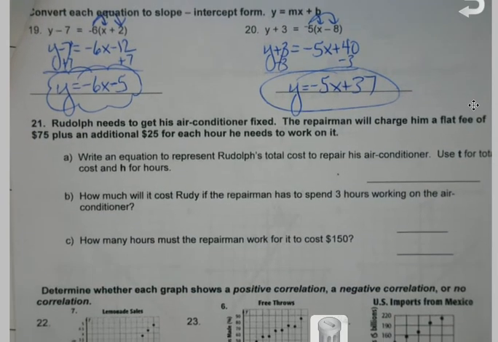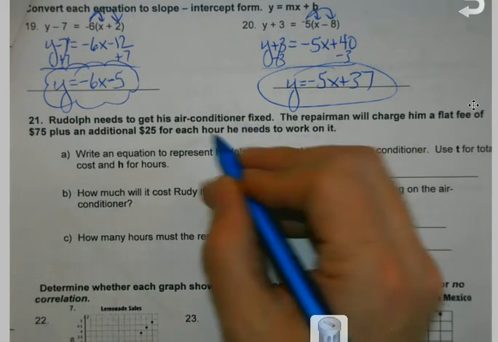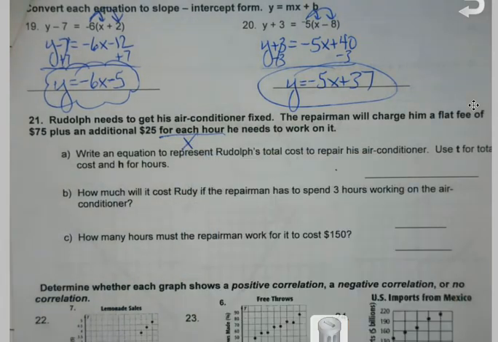21. Rudolph needs to get his air conditioner fixed. The repairman will charge him a flat fee of $75, that's one time, plus an additional $25 for each hour, which we don't know, he needs to work on it. Write an equation that represents Rudolph's total cost to repair his air conditioner.